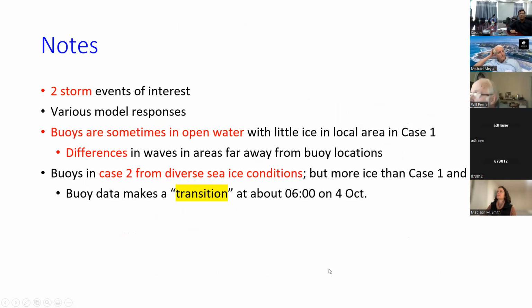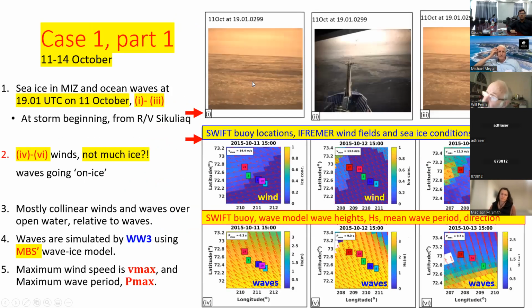So this is case 1 from the sea state experiment. There are photographs, so I can verify there really was ice. Not much, but there was some. And so ice concentration is very low, and that shows you the wind. So this is October 11th, 12th, and 13th. So you see how the system evolves and how the buoys move. And here are the waves. So the waves are indeed attenuating towards the end of it.